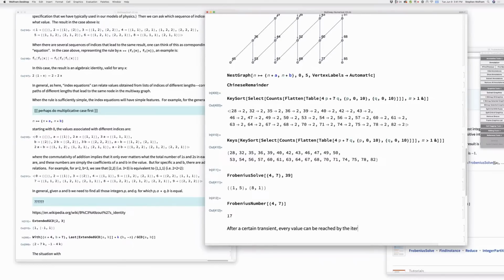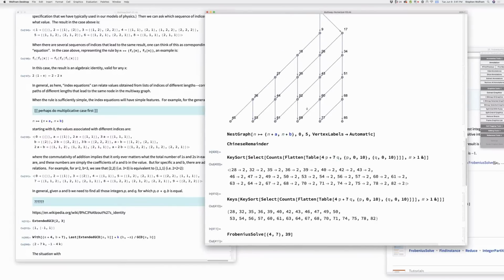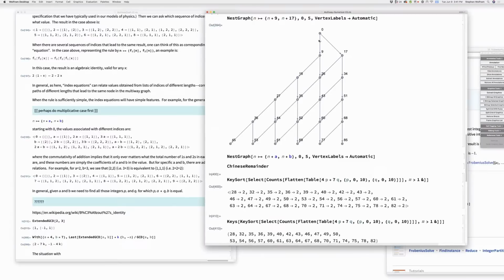But what does that tell you about the multi-way graph? But now, how many times can it be reached? See, I'm a little confused by this picture, right? Because this picture seems to say each number can be reached twice. Am I making sense?